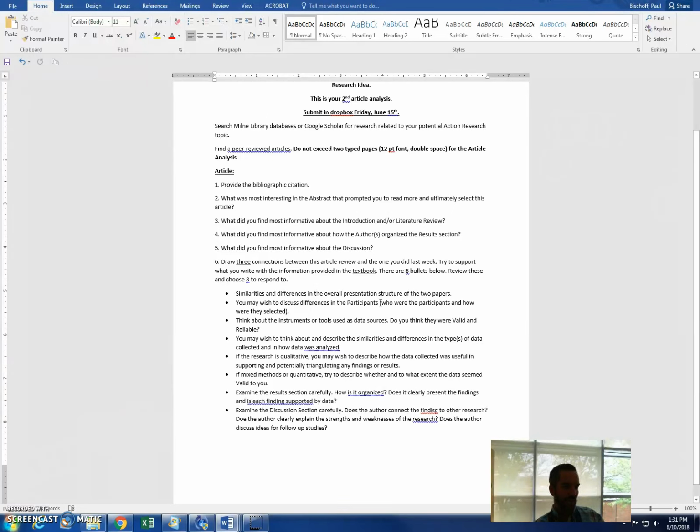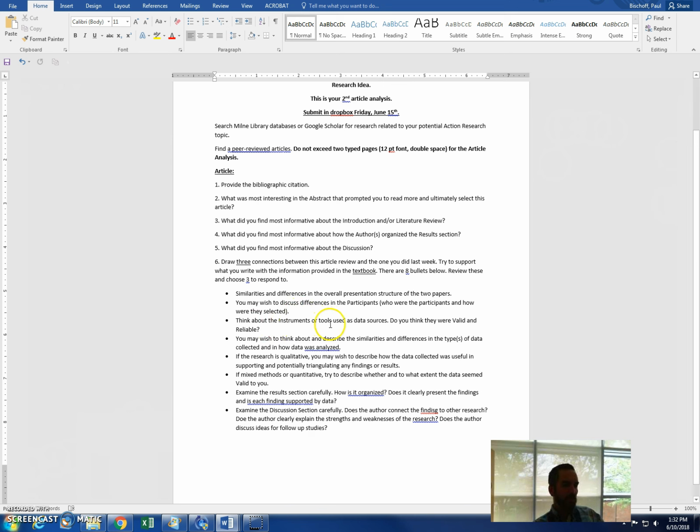Most of my research involves convenient sampling as well, but the way that individuals are selected to participate in the study really impacts how generalizable the results are to a population. So look at the participants and maybe think about who they were and how they were selected, and were they really the best group to use to tackle the problem that's presented in this paper.